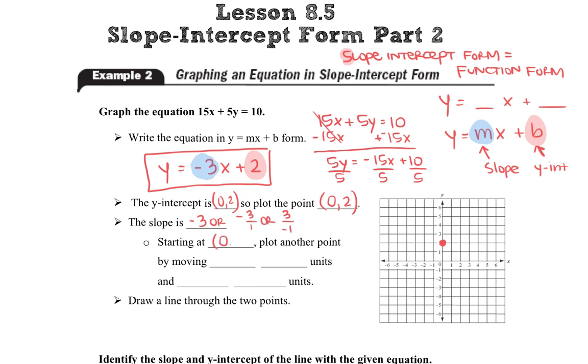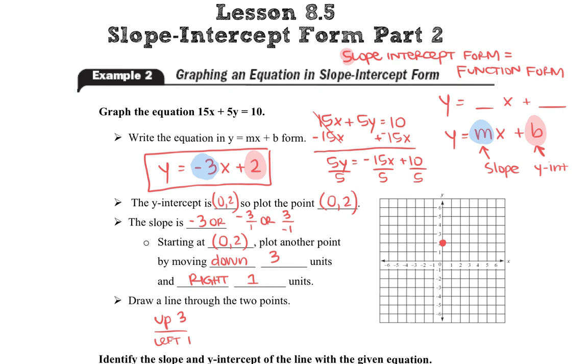So I'm going to start at 0, 2. And I can either move down 3 and right 1, or, just so you know, you could move up 3 and then left 1. It depends on if you put the negative sign with the numerator or the denominator.